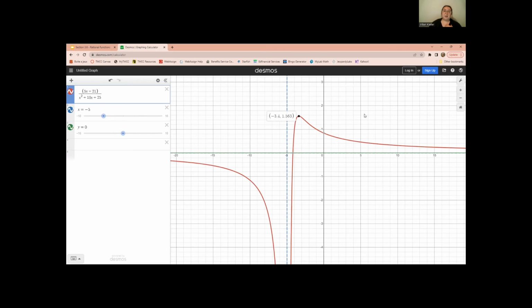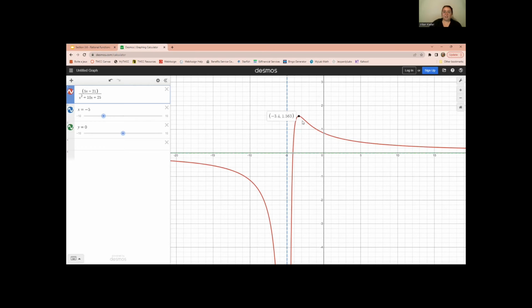Because even when we picked values, we got that, when x was -3, y was 1.5. And that's pretty good. But if we were to round this value, this is really 1.6 or even just 1.563 as it is. So we were close, but we were not right on the money.